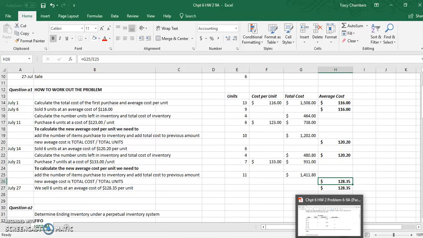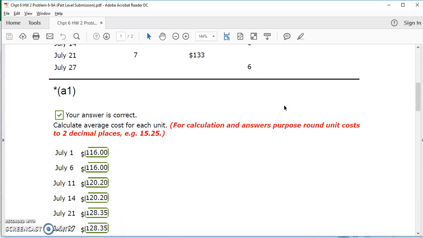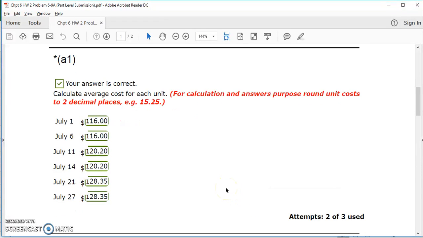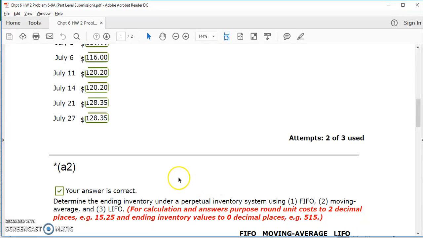So if we go back over here to the problem in our homework, and we scroll down, we can see that the answers that we calculated are correct. The next part of this question says, determine the ending inventory under a perpetual inventory system using FIFO, moving average, and LIFO.